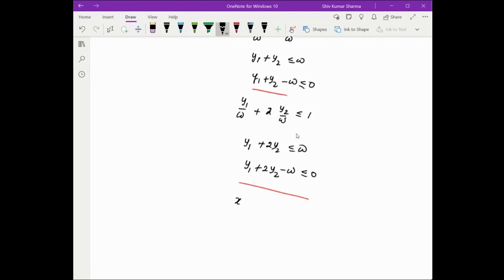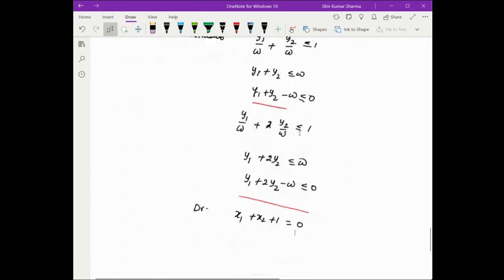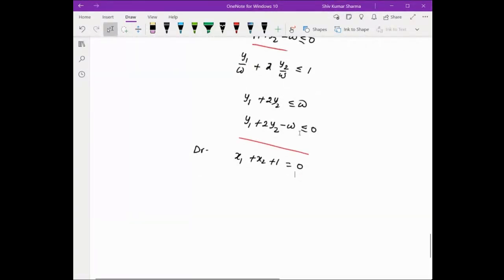You remember, the denominator x1 plus x2 plus 1, we write equal to 0.